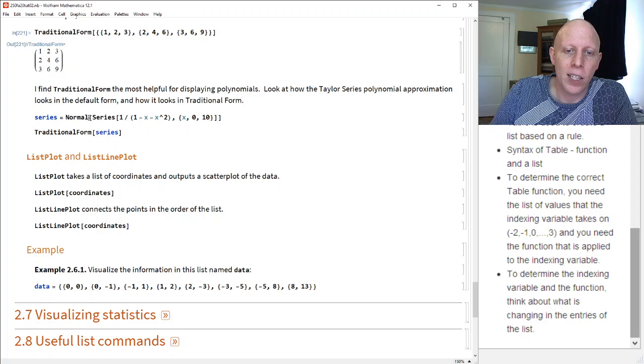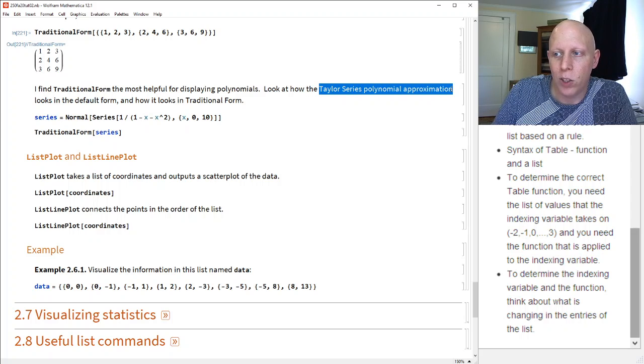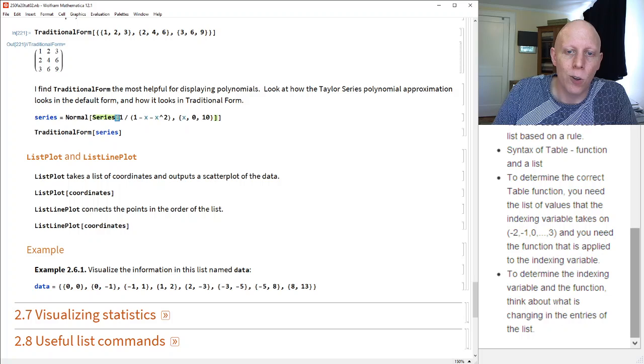If we look at this, this is a way to get the Taylor series polynomial approximation for a function. I'm bringing this in as an example. You don't need to know what normal or series is now unless you want to investigate that further, which feel free to do.